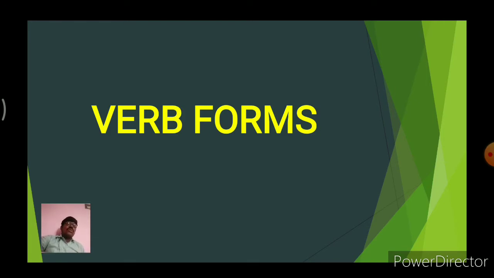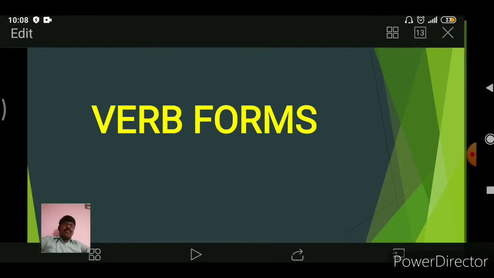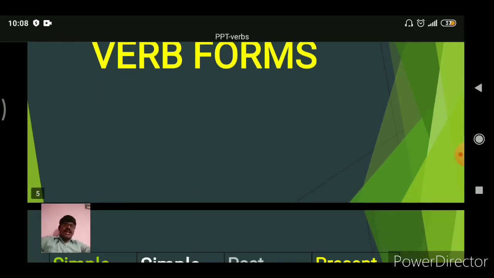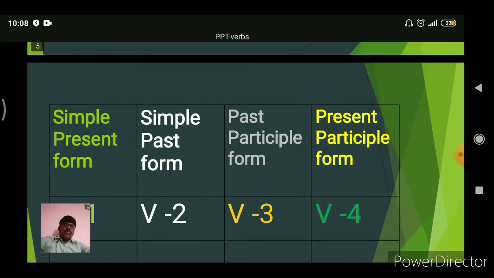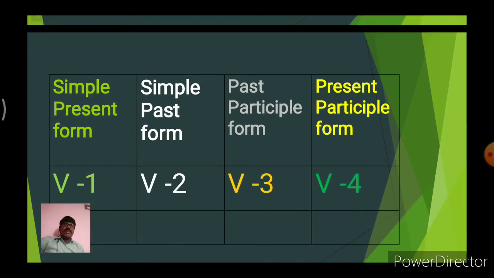So students, basically verbs have four forms. They are: 1. Simple present tense form, 2. Simple past form, 3.